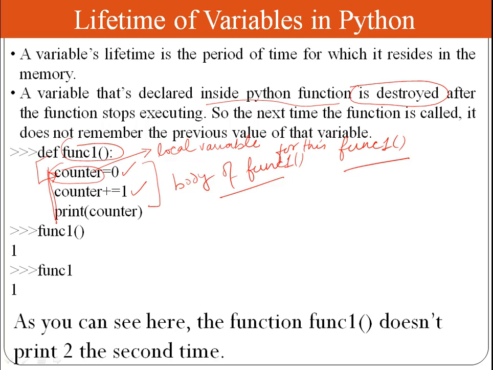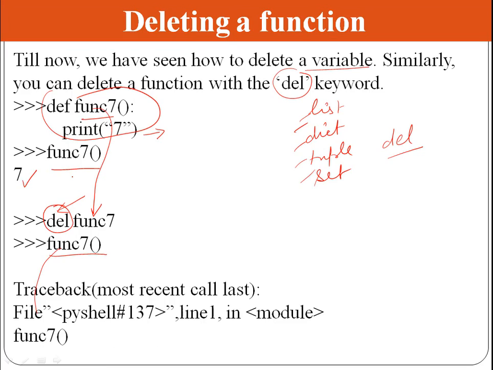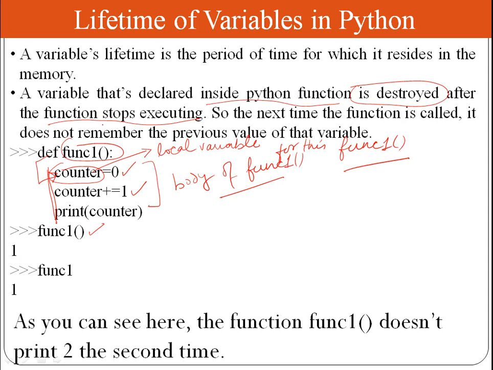When you call the function, it goes to the first statement and initializes the counter to 0. Next, it moves to the next statement, and its value gets incremented to 1. Then you are printing the value of the counter, and it displays 1.